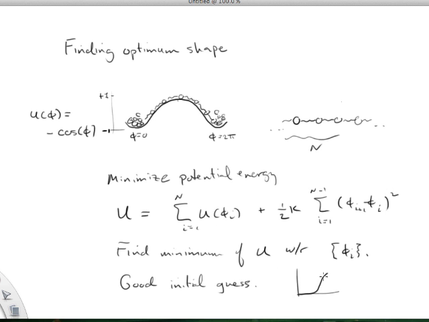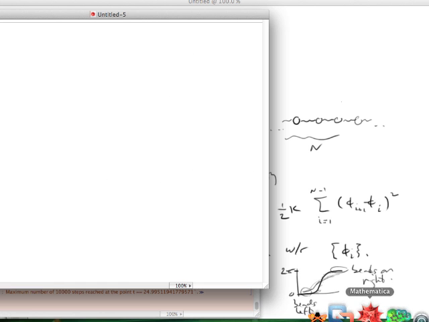That is, there's a bunch of beads on the left, and there's a bunch of beads on the right, those are at 2 pi and these are at 0, and there's a certain number of them that it takes to cross over, and then how narrowly or how quickly or slowly this crosses over is in effect the thing that gets minimized over. So now we're going to illustrate how we go about solving that problem in Mathematica.